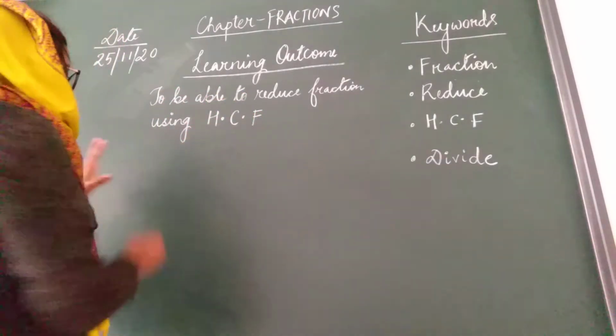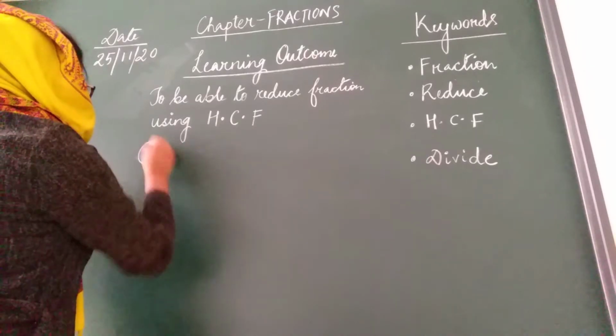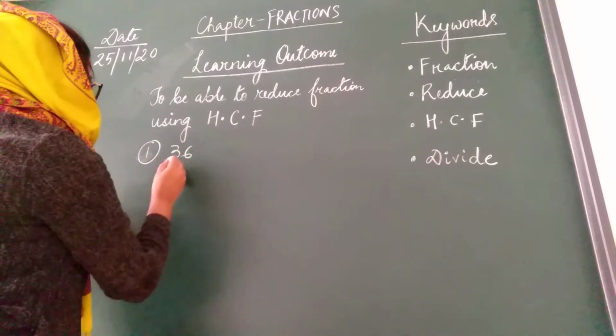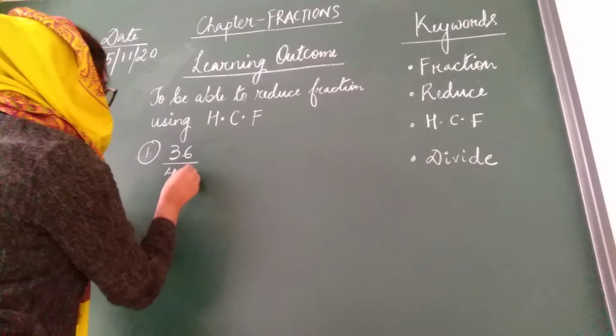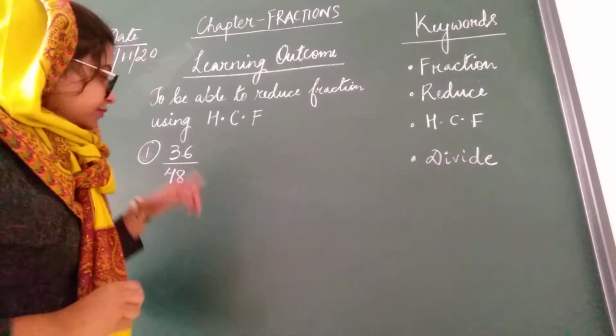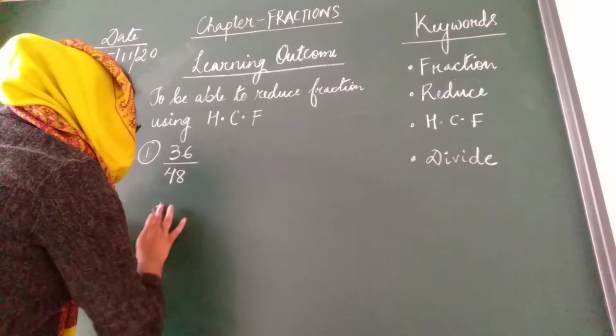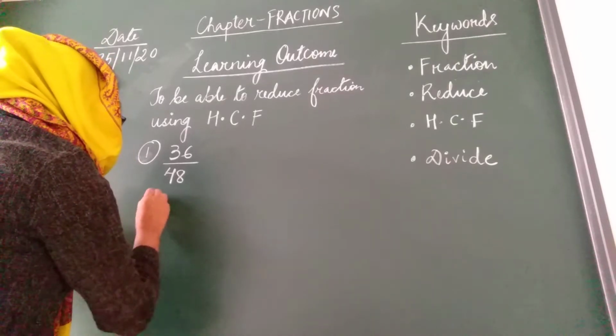So let us first take our fraction, that is 36 by 48. So what we are going to do now is find the factors of both the numerator and the denominator. So what are the factors of 36?